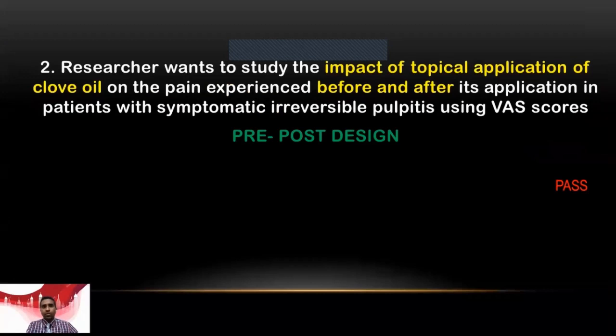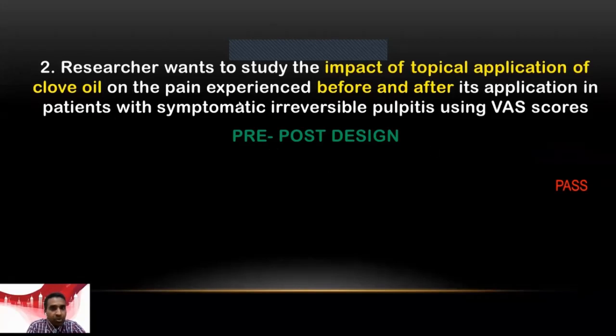The next scenario: a researcher wants to study the impact of topical application of clove oil on the pain experienced before and after its application in patients with symptomatic irreversible pulpitis using VAS scores. Now, the idea here is it is before and after application of clove oil in pulpitis cases.